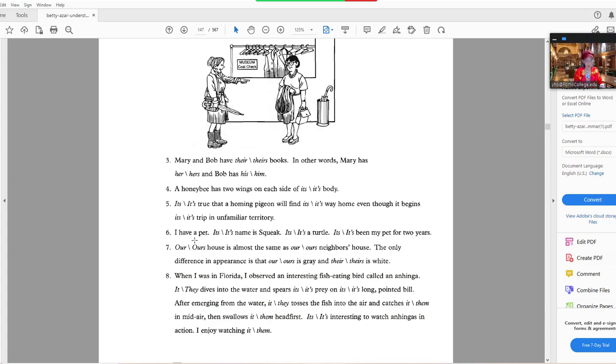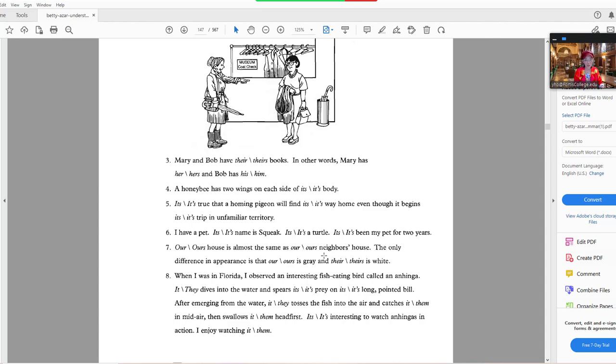I have a pet. Its name is Squeak. It's, with apostrophe s, a turtle. It has been my pet for 2 years. Our house is almost the same as our neighbor's house.